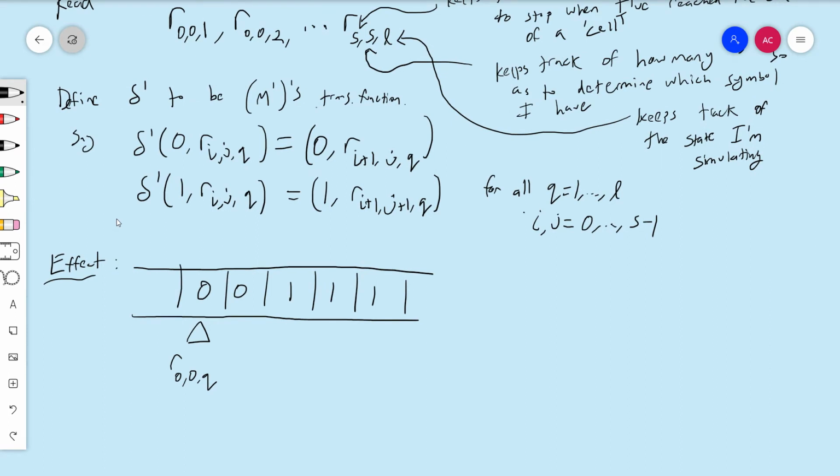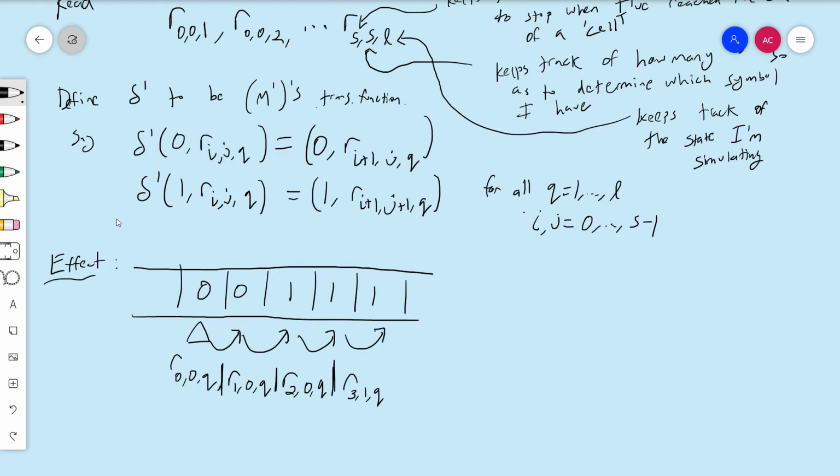Well, if I'm looking at a 0, then I increment the first thing. So I jump to here, and now I'm looking at R1, 0, Q. But I don't increment the 0, right? And then I jump here, and now I'm in R2, 0, Q. And then I jump here, now I increment both, right? So now I'm in R3, 1, Q.